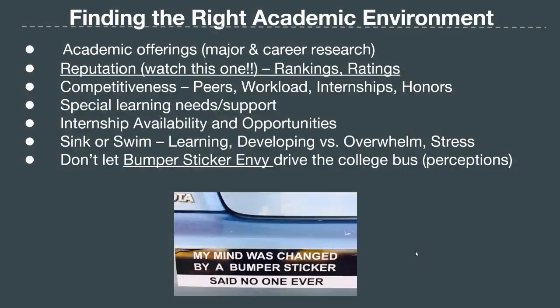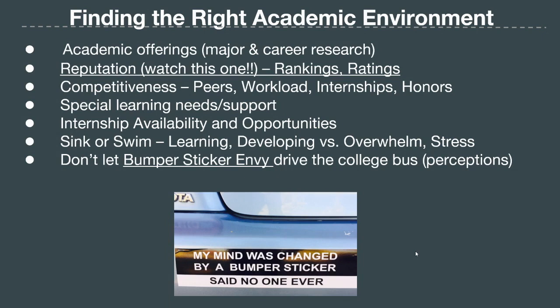Where a major or career might be important is if it's a very specific major. For example, if your child is thinking about engineering, architecture, physical therapy, nursing, majors such as this require the school to actually offer those majors, correct?